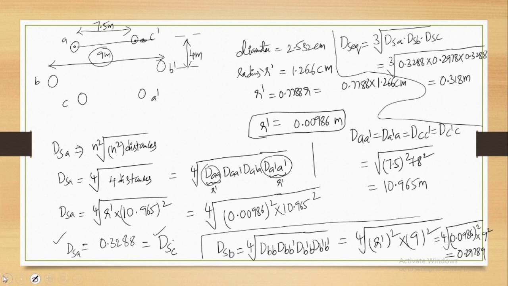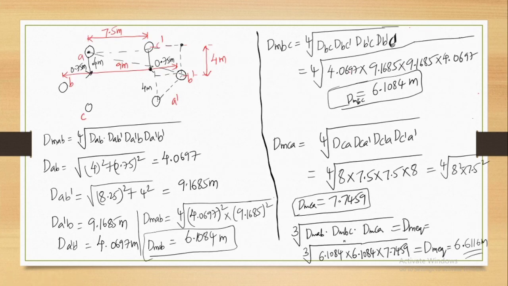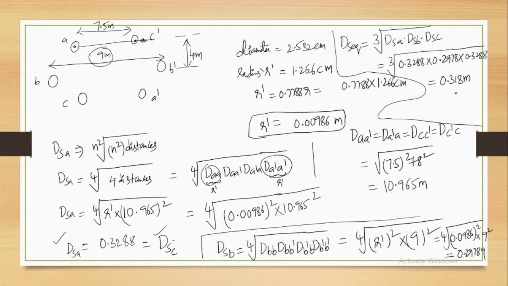So in the previous page we have determined DM equivalent as 6.6116, and DS equivalent as 0.318. Okay, finally substitute these two in the formula. L per phase per kilometer is 2 into 10 power minus 4.